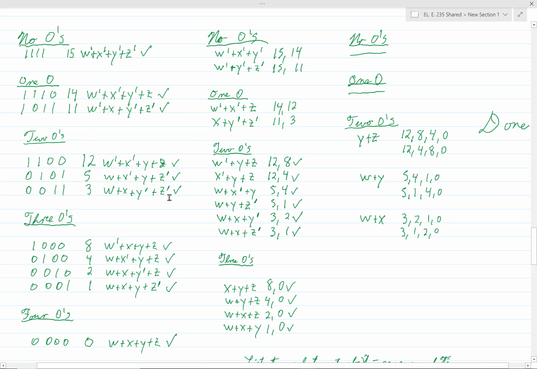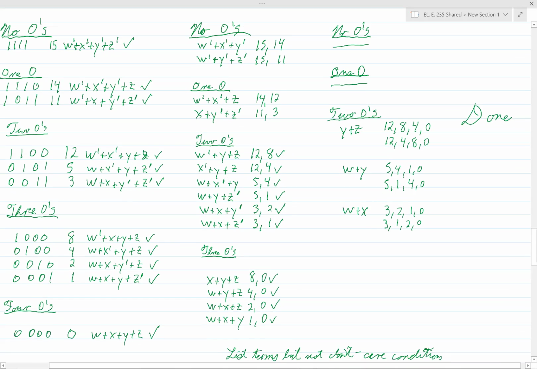So 11 will get a check mark and 3 gets a check mark. And so we just continue on in this way, and it turns out that everything, just as was the case in the last problem, everything in the first column gets a check mark, and here are all of the combinations that we get.